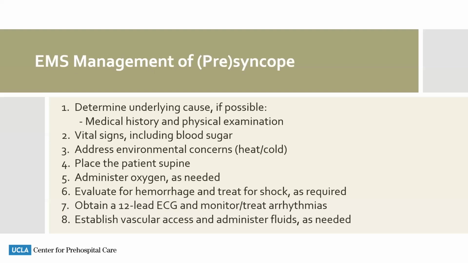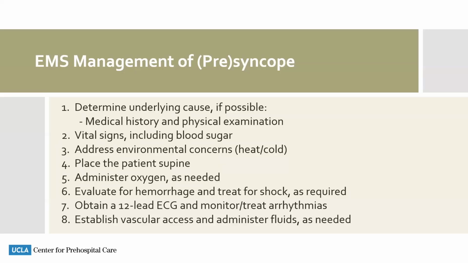So, what are you and I going to do out there in the field? We're going to try and figure out a cause. AEIOU TIPS. So have that committed to your memory. We're going to do an assessment on the patient, a very good, actual assessment.